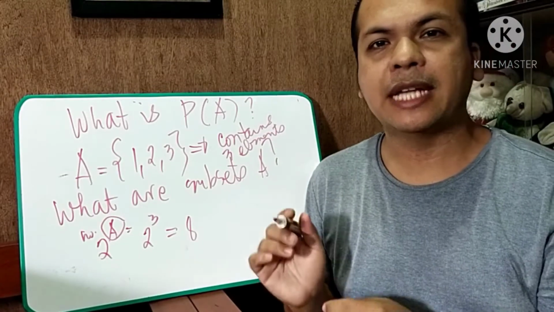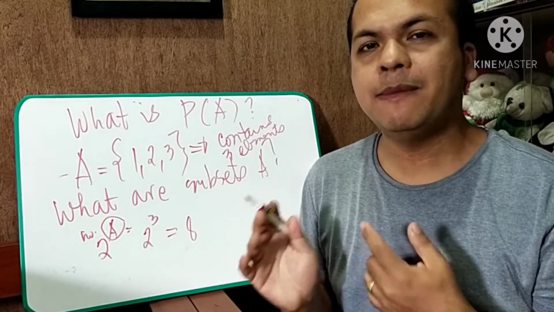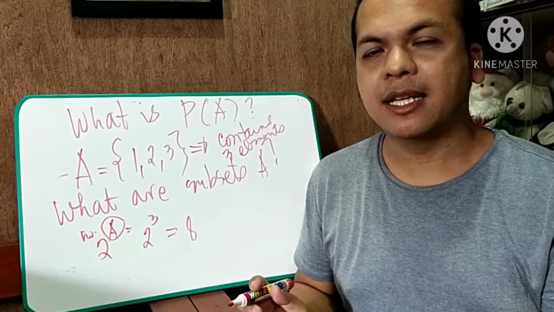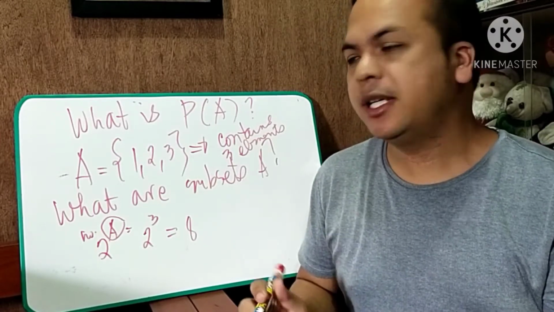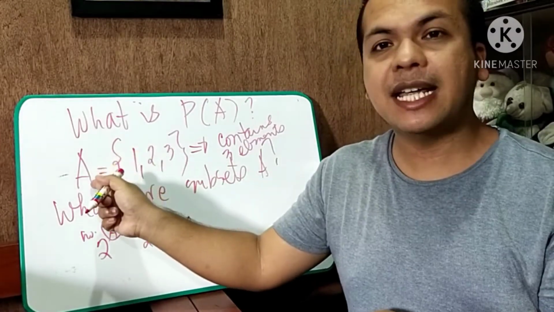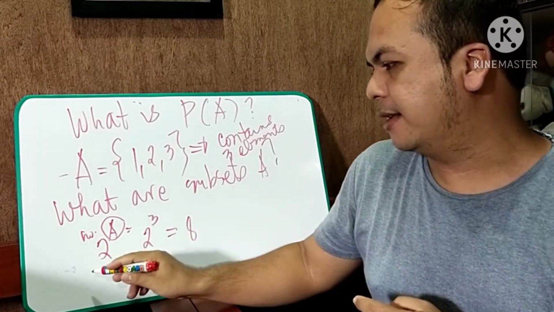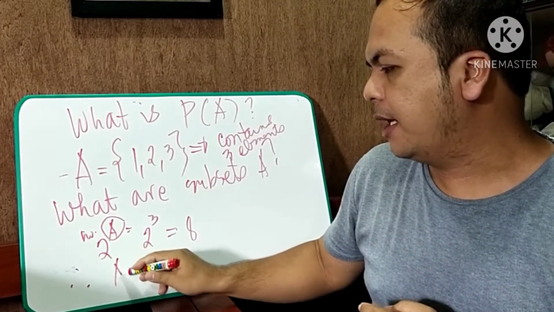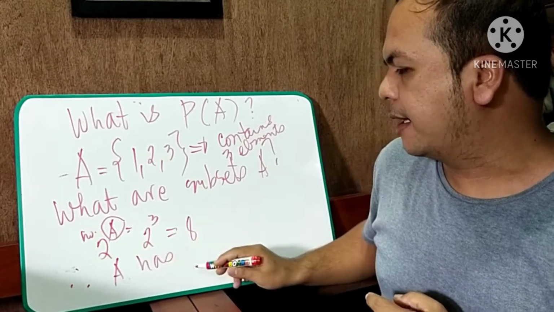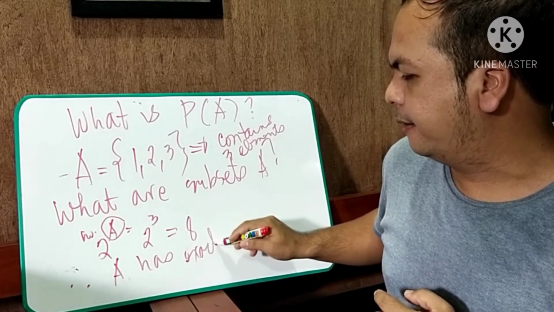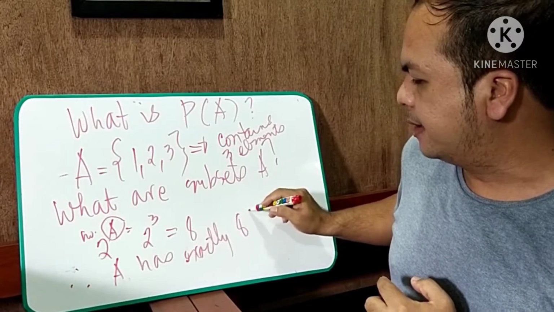That is 2 times 2 times 2. 2 times 2 is 4, times 2 is 8. So we are very sure that this set contains exactly 8 subsets. Therefore, A has exactly 8 subsets.